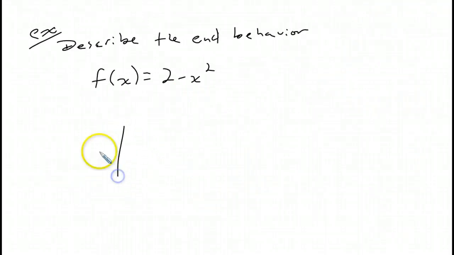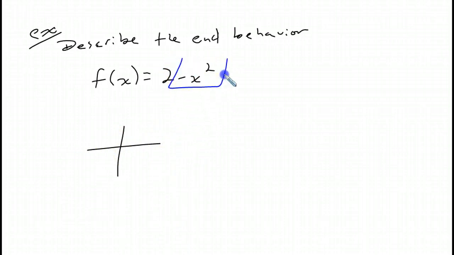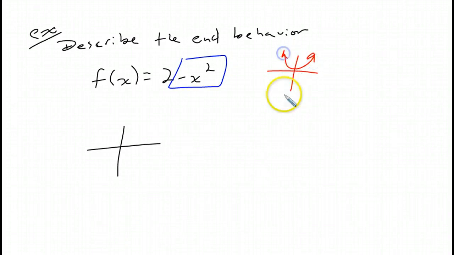With this one, we're describing the end behavior, so whatever happens at the end of the graph. My highest term, or my leading coefficient, is negative x squared. I have an even power, so I know it's going to be somewhat related to my quadratic. Since my leading coefficient is a negative number, don't forget, negatives just flip it over the x-axis. So in both directions, my graph is going to be going down.